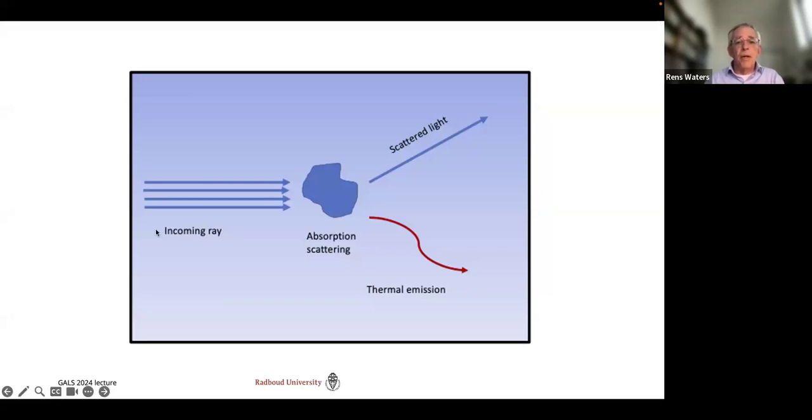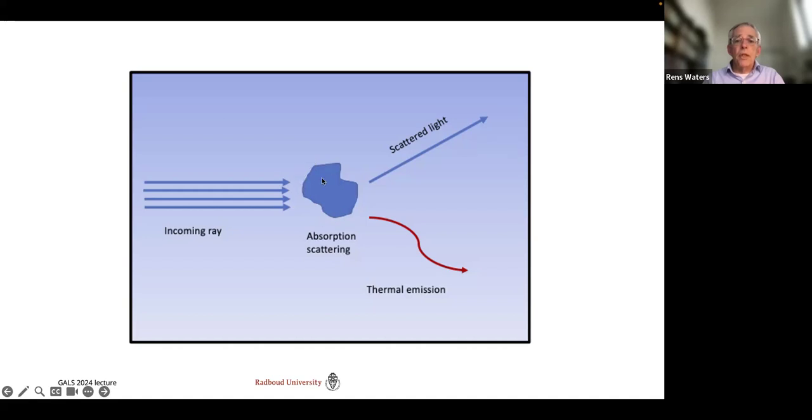We have an incoming ray of radiation. We have a small dust particle, which is of a funny shape, which complicates matters a lot. And it can do two things. It can scatter light, which means the photon is redirected, so it doesn't change in energy, but it is just redirected out of our beam into another direction.